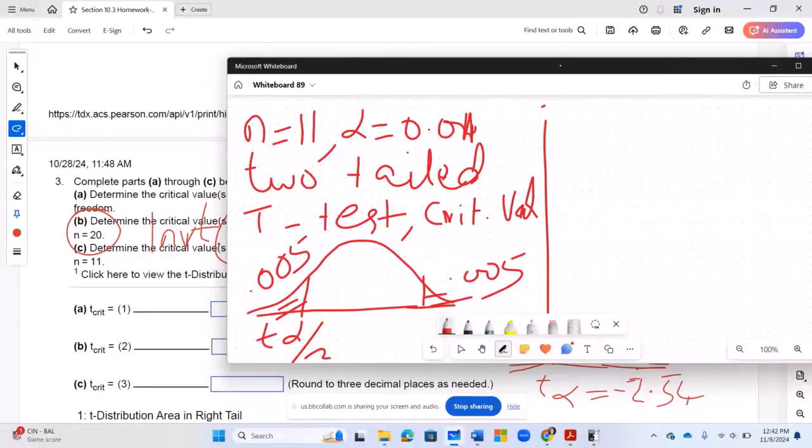I want us to know that I am looking for T alpha over 2 on both sides, but the T curve is symmetrical. So if I can find the critical value on the left, then I can just switch the sign for the right. Okay, so I'll get my calculator, and I already know that sample size is 11, therefore degree of freedom is 10.